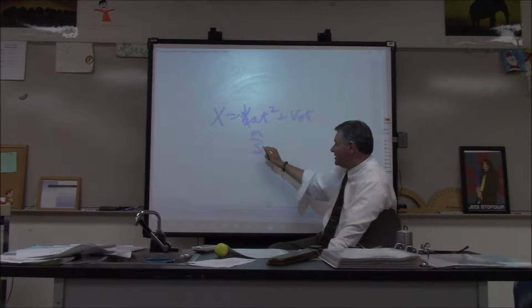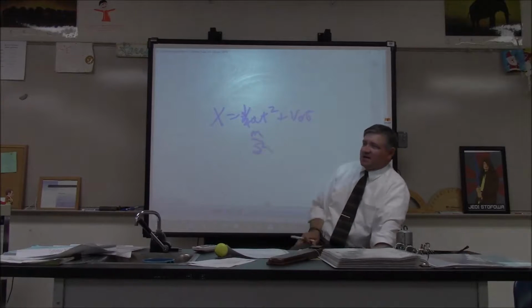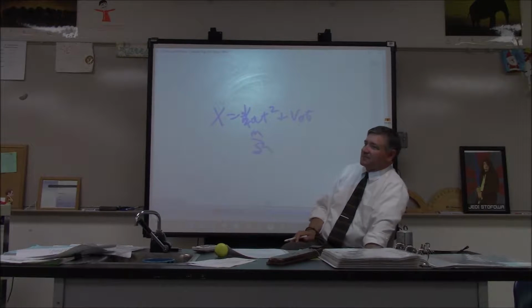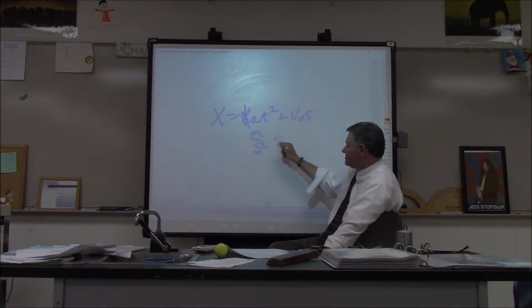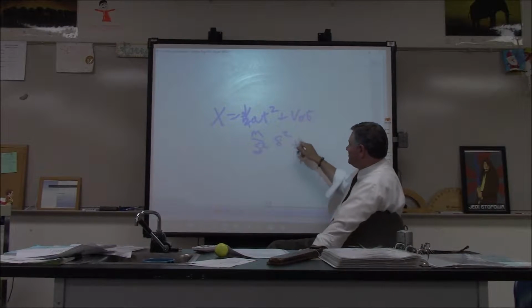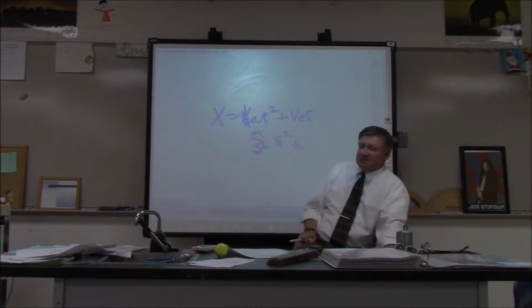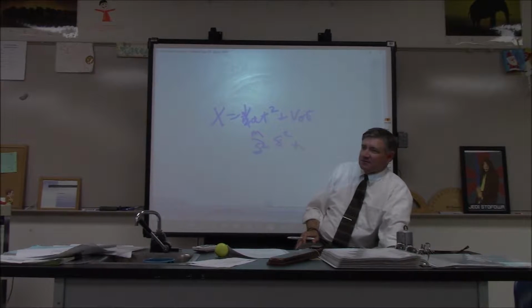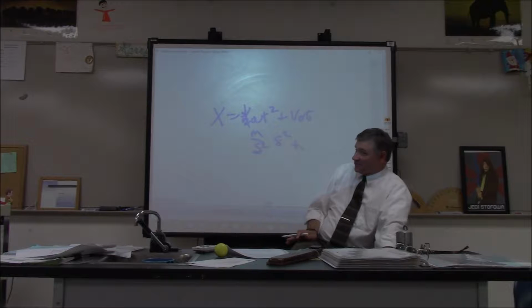Okay? Now, Vonda, when I square seconds, what's going to happen? Seconds squared. Right? So then, Michael, V naught, what's that going to be measured in? So velocity, what's velocity measured in?